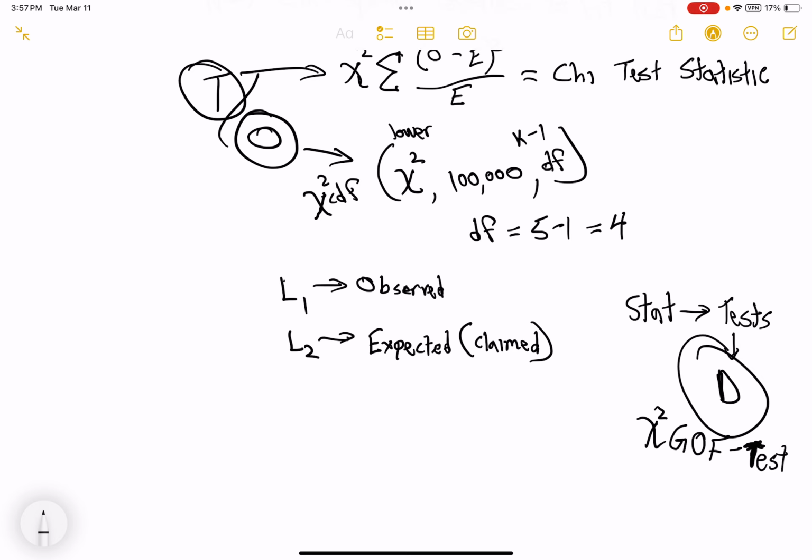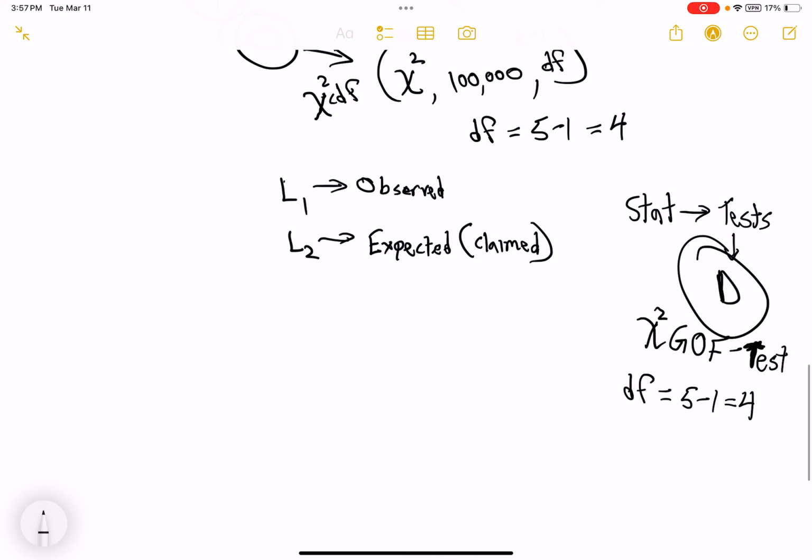Chi-squared goodness of fit. I almost said goodness of freedom. And is there any gooder than freedom? I think not. Goodness of fit test. You'll click enter. You'll notice it says observed and expected, and the L1 and L2 should match up. Then you'll have DF, our degrees of freedom, again, are 5 minus 1 or 4 in this case. So put 4 in. And you will click calculate.